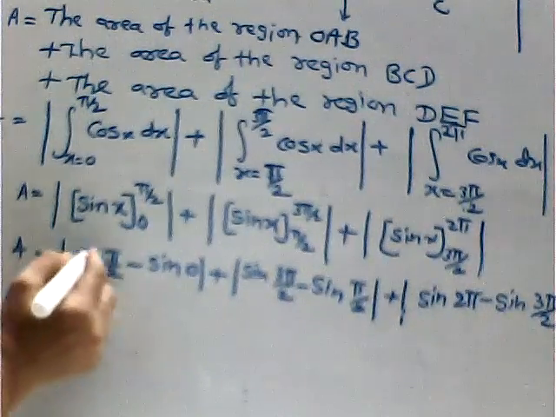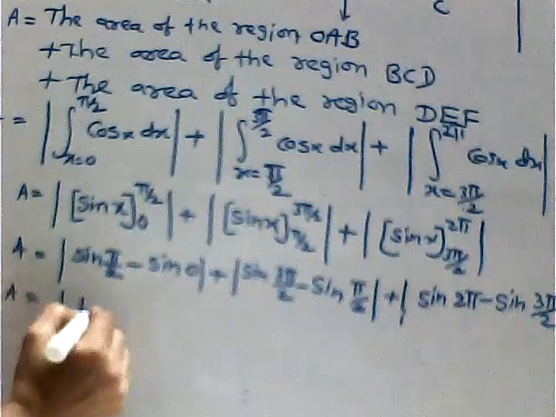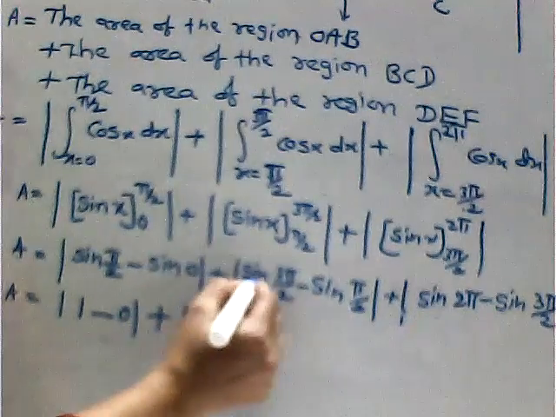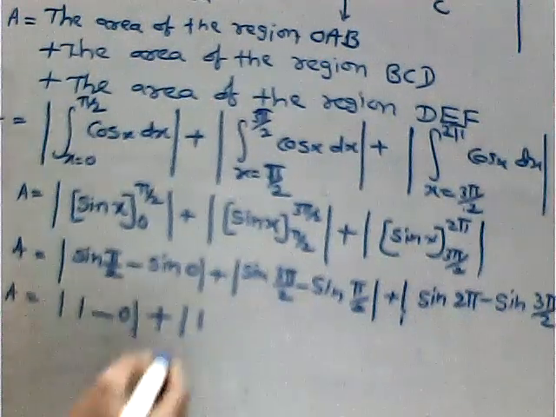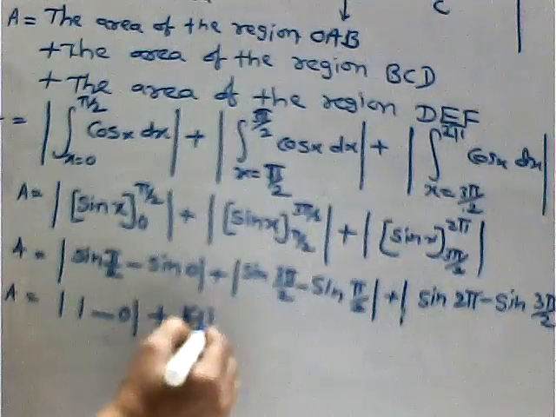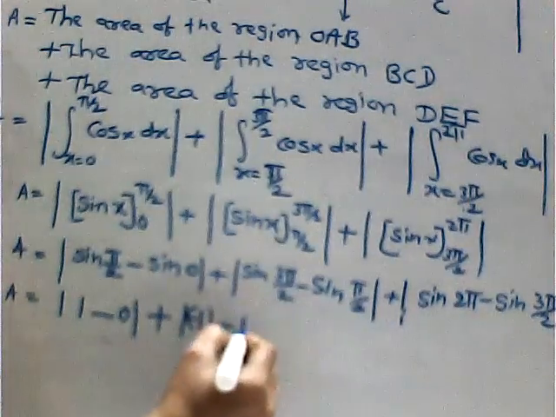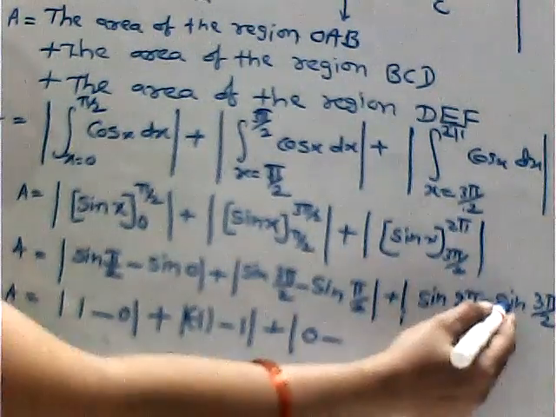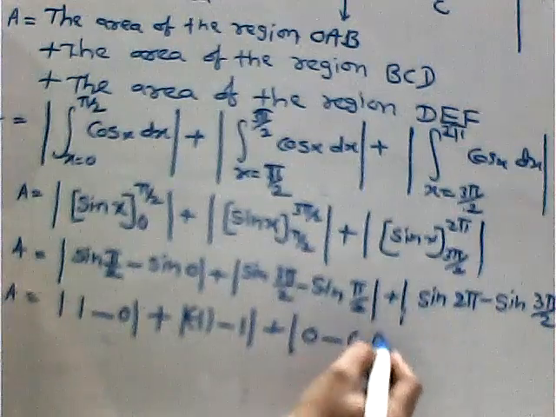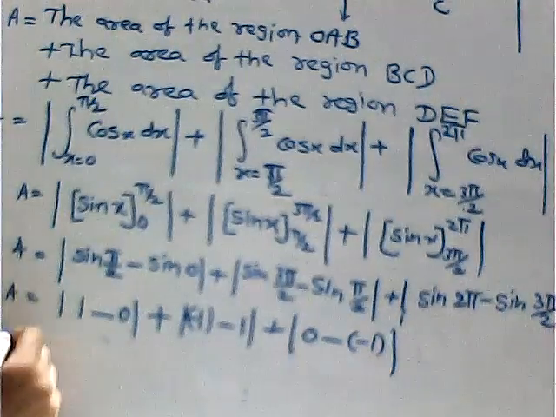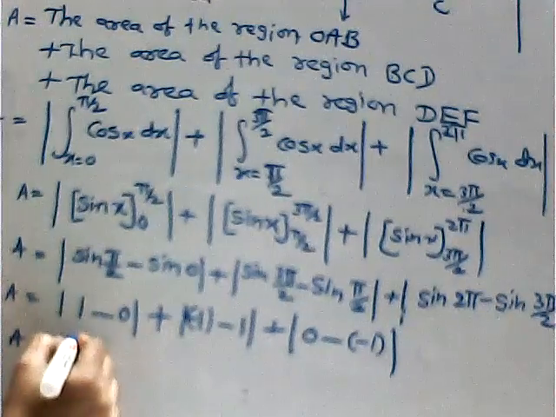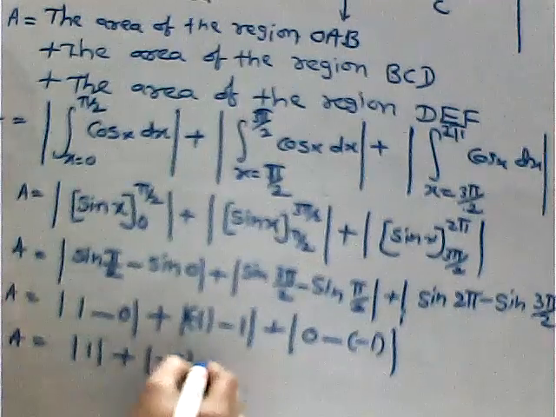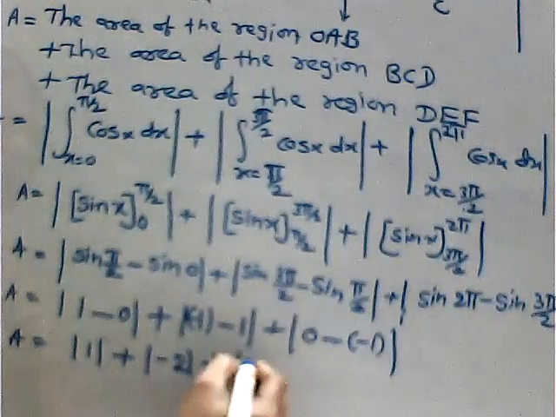Take the values: sin pi by 2 is equal to 1, sin 0 is equal to 0, plus the modulus of sin 3 pi by 2, which is minus 1, minus sin pi by 2, which is 1, plus sin 2 pi, which is 0, minus sin 3 pi by 2, which is minus 1. So 1 minus 0 gives 1, plus minus 1 minus 1 gives minus 2, plus 0 minus minus gives plus 1.